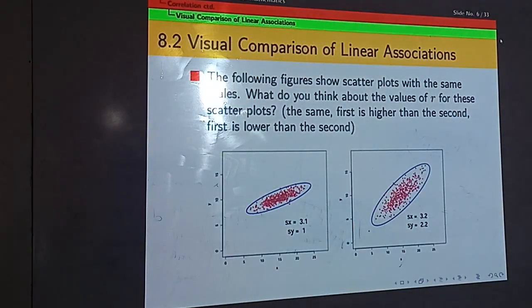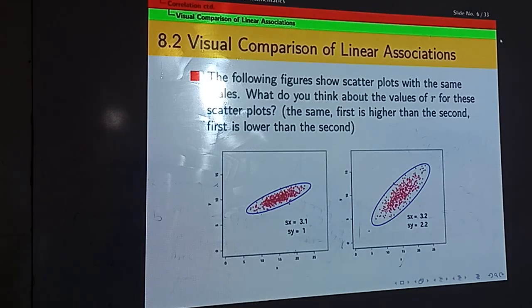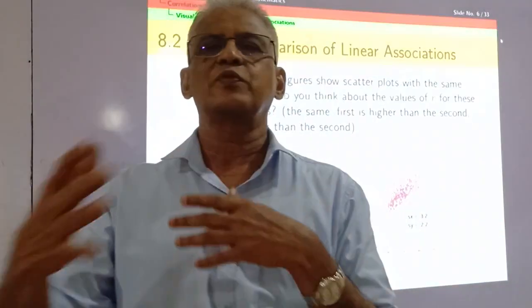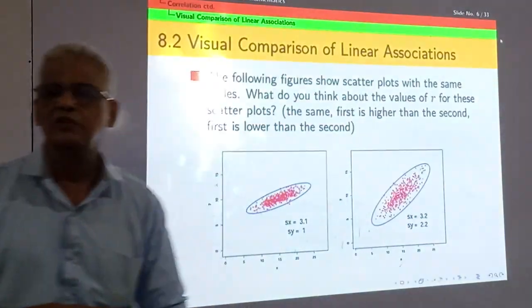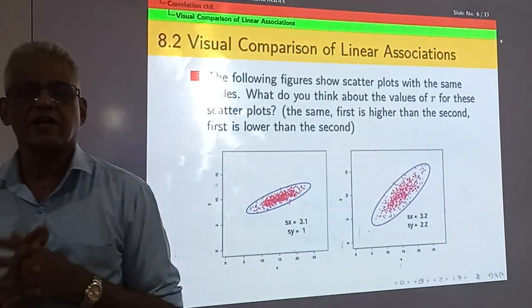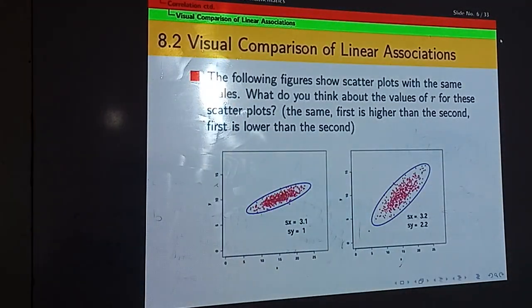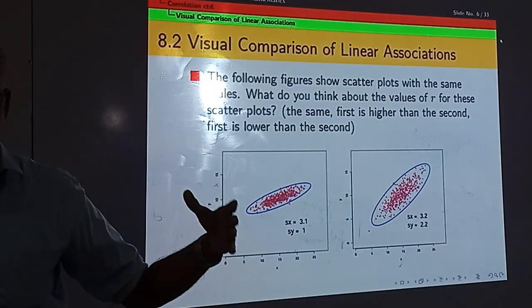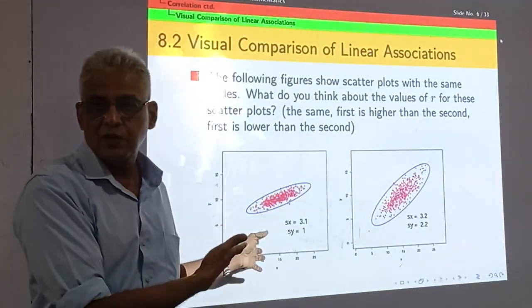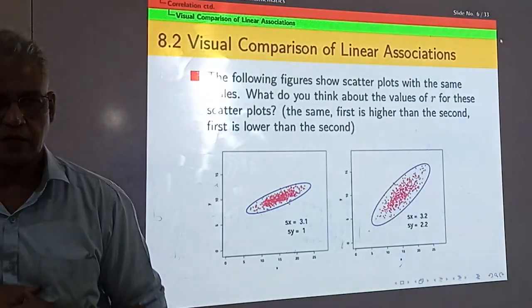Therefore, if you want to compare the strength of correlation of two graphs, the original scatter plots are not going to help you sometimes, because the two data sets may have different standard deviations, and you may get the same wrong impression like here.